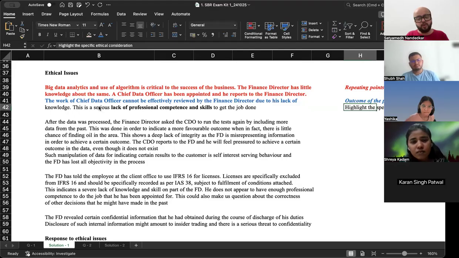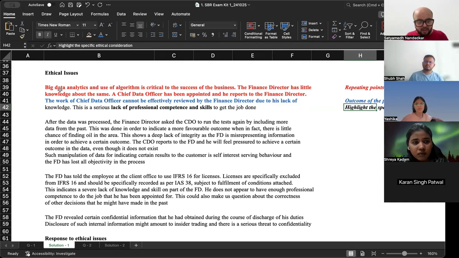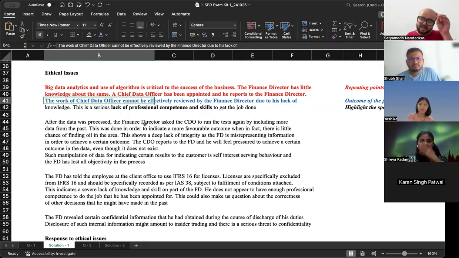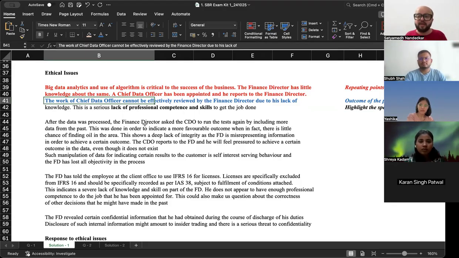If you don't do that, you will lose 1 mark. This is very important. Knowing that is one thing, writing the words lack of professional competence, and this cannot be replaced with any other word. You write in your own words, no problem. But here, lack of professional competence is the exact set of words you have to use, because that is the ethical principle that is being violated.